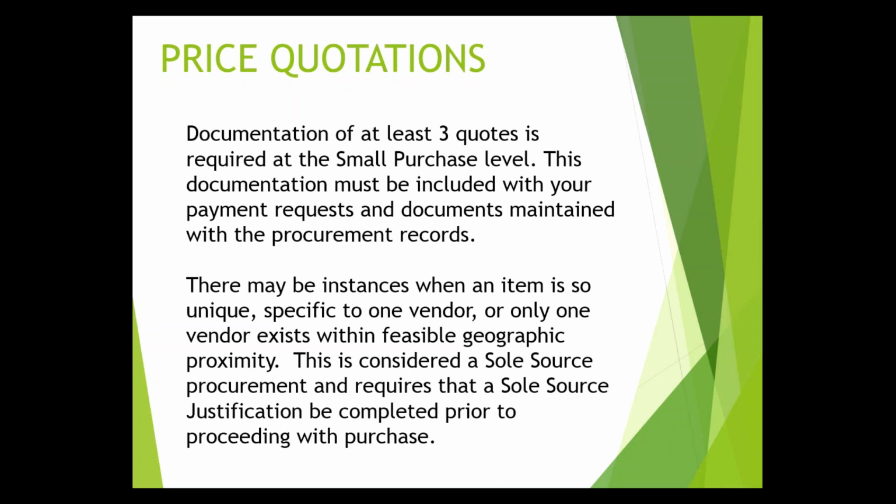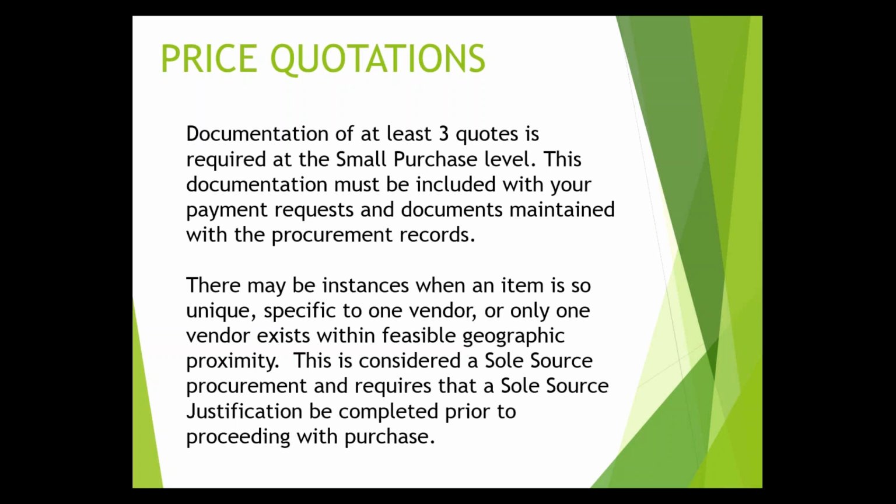There may be instances when an item is so unique or specific to one vendor, or only one vendor exists within a feasible geographic proximity, when we're going for just one. So when we don't have open competition, that's a sole source purchase. The sole source justification form is required for purchases above the micro threshold where there's only a single supplier of a good or service.